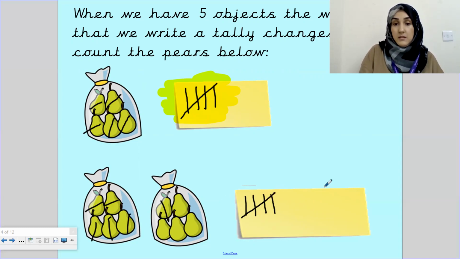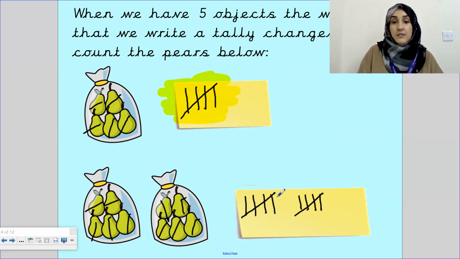Now, here, we've got 1, we've got 2, we've got 3, we've got 4, and we have 5. Well done. Now, 5 and 5. Altogether, I have 10. Fantastic. I have 10 pairs, and I had 5 pairs here.